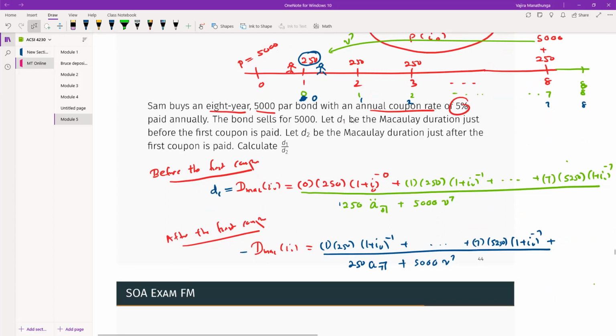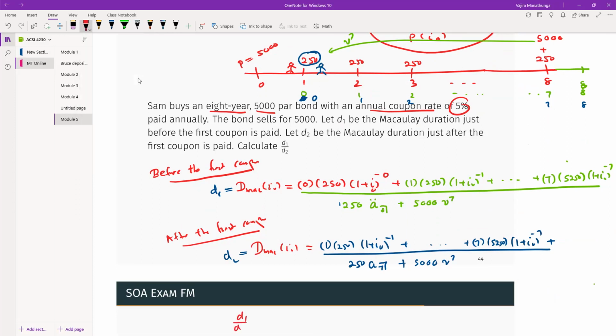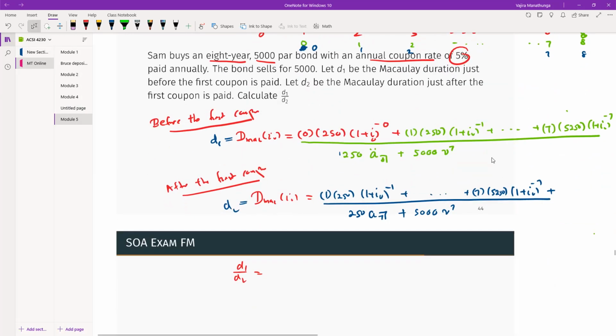So this is what they call D1, and this is what they call D2. When I divide D1 by D2, you can see the numerators are the same; there is no distinction between the numerators, but the denominators are different. So D1 over D2 gives you 250 a-angle-7 plus 5,000 v^7, divided by 250 a-double-dot-8 plus 5,000 v^7.